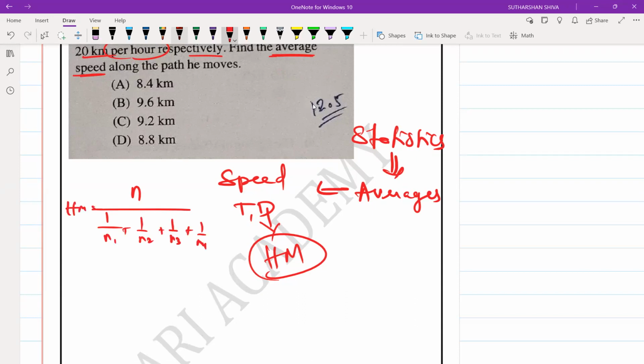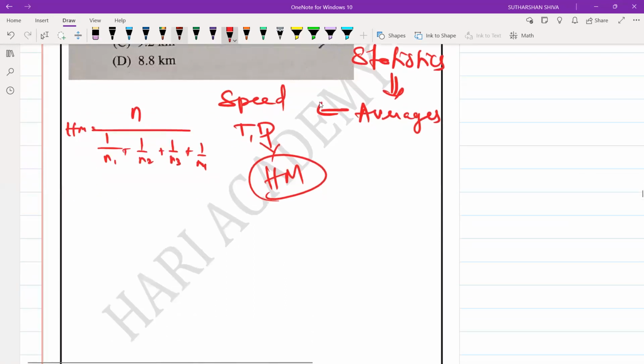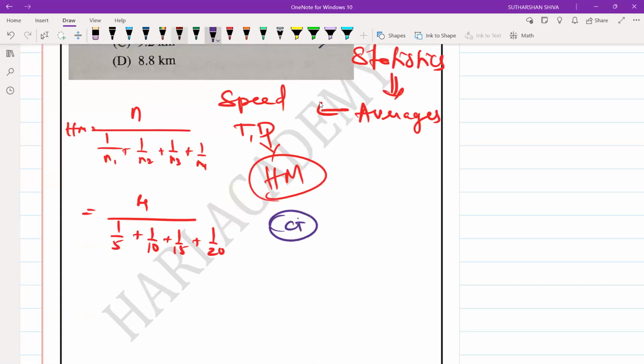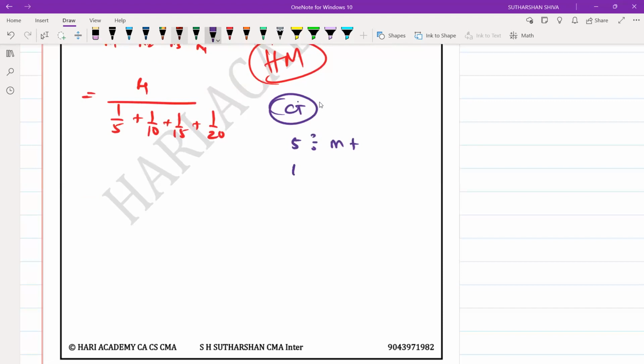But here you are going to learn a calculation trick. Do what I say. The simple presentation I'm going to do first: 4 divided by 1 by 5 plus 1 by 10 plus 1 by 15 plus 1 by 20. The same thing I will give in a calculation trick. Let's assume, do what I say: 5 divided by m plus 10 divided by m plus 15 divided by m plus 20 divided by m.